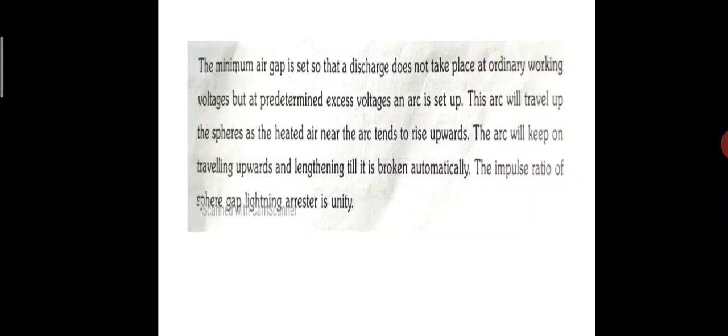The arc will keep on traveling upwards and lengthening till it is broken automatically. The impulse ratio of the sphere gap lightning arrester is unity.